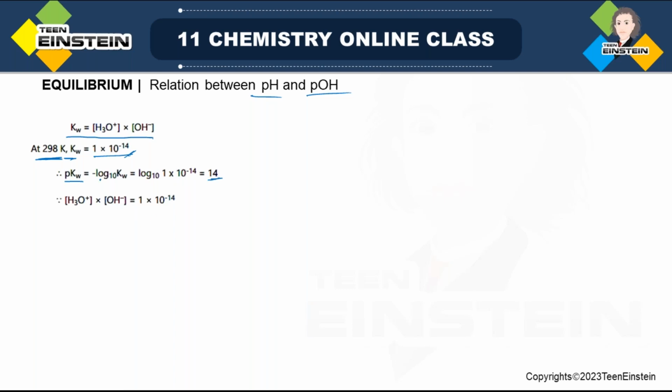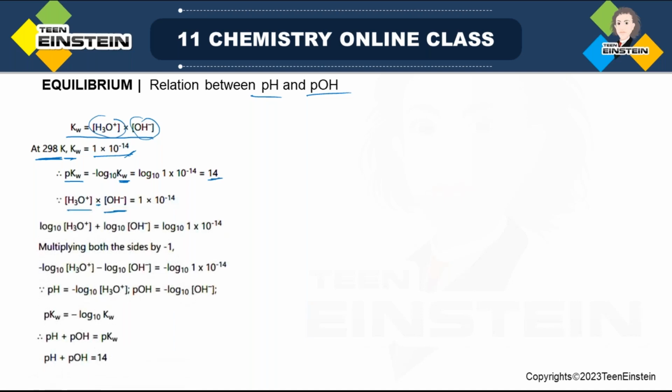Now Kw is also equal to the multiplication of these two factors. That means instead of writing Kw, if you write these two, and then take the negative logarithm on both sides, you get the negative log of H3O plus, and because it is a multiplication sign, plus the negative logarithm of HO minus. So see what we are doing. First, simply take log. There is a plus sign because it is multiplication.